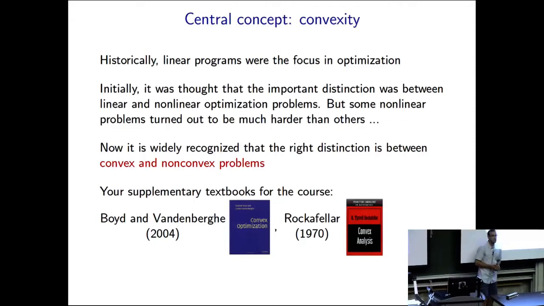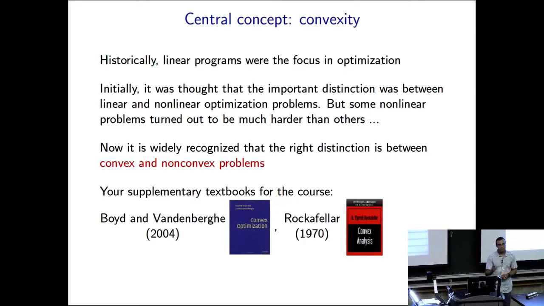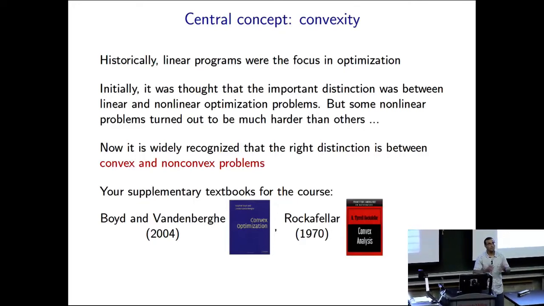Every time somebody asks me something in lecture and I don't know the answer, I usually look at Rockafellar first, and usually, after scratching my head for a little while, I'll find the answer. It has a ton of really interesting stuff in it, but I wouldn't look at this book unless you come from a math background or are used to reading very definition-heavy, theorem-laden textbooks. The other one is much more friendly in some sense, but just doesn't have the same amount of material.